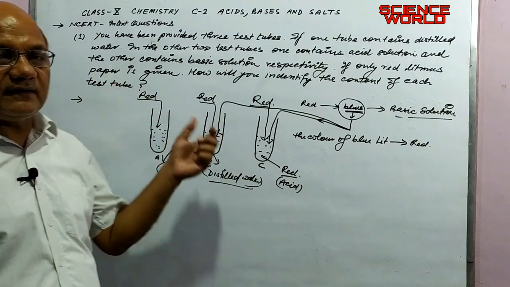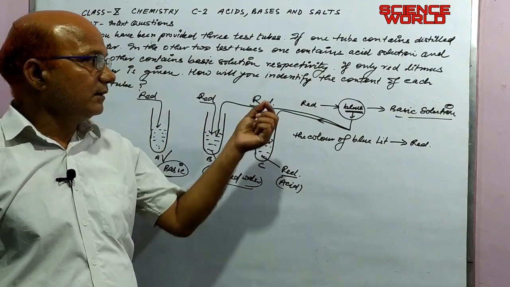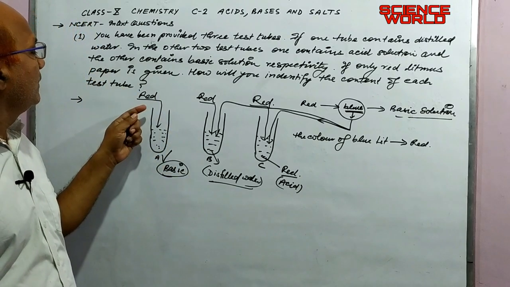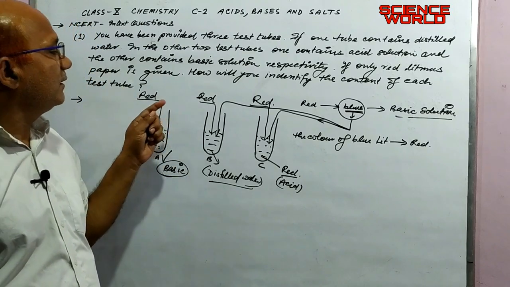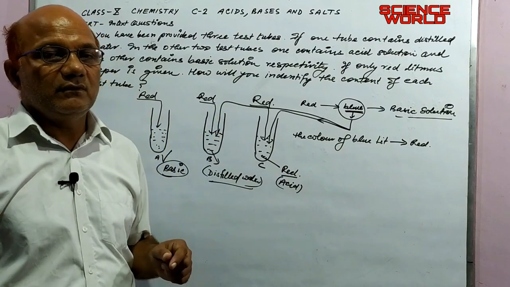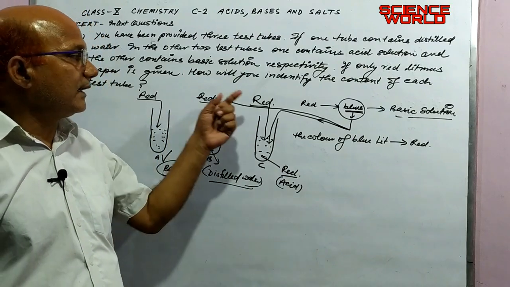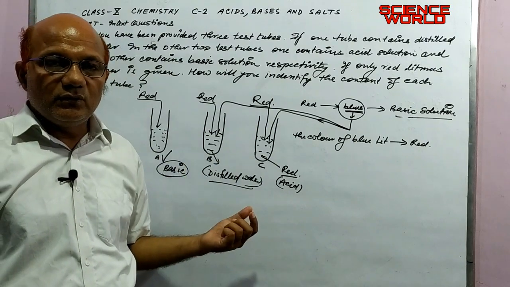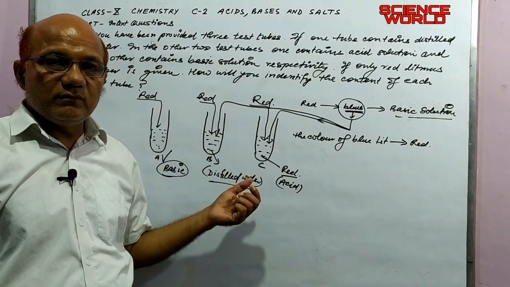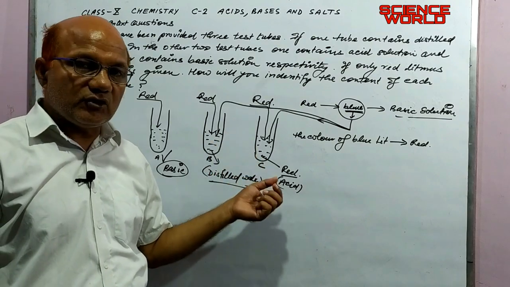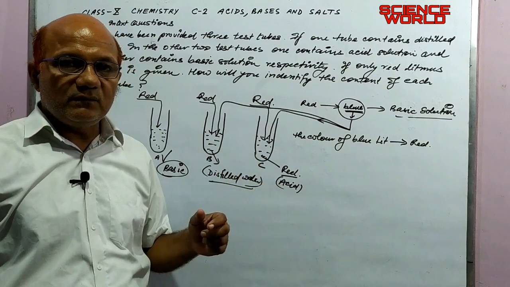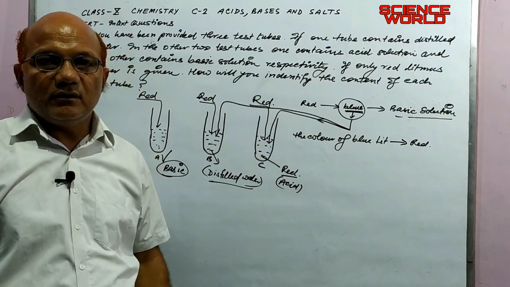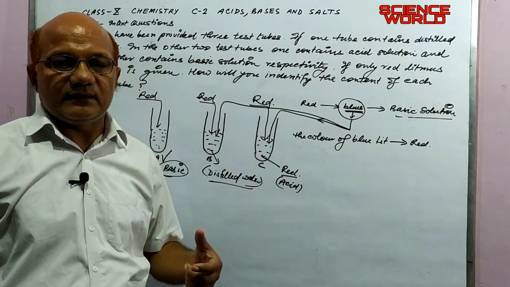So, I again repeat this. First of all, take red litmus paper and dip one by one in each test tube. If the color of red litmus paper changes to blue, that test tube contains basic solution, and now use this litmus paper which is now in blue color.